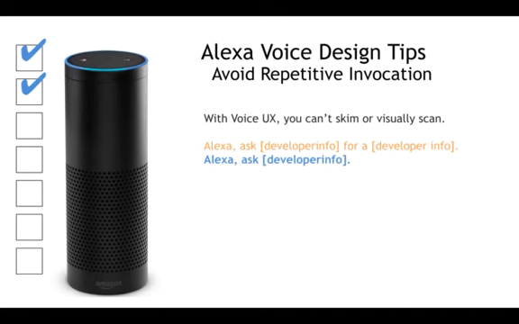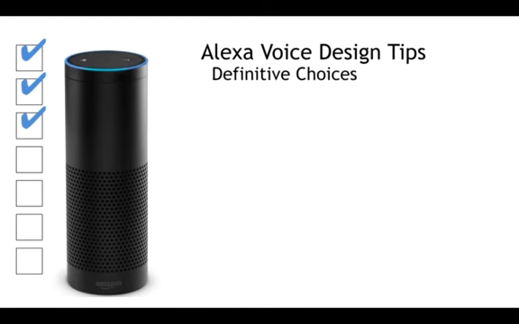In this case, "Alexa, ask developer info" for a skill called developer info. We could just have the user say, "Alexa, ask developer info," and then we could ask some follow-up questions if we needed more information, but just let the user engage with it in an easy way, and not have them repeating the same thing.